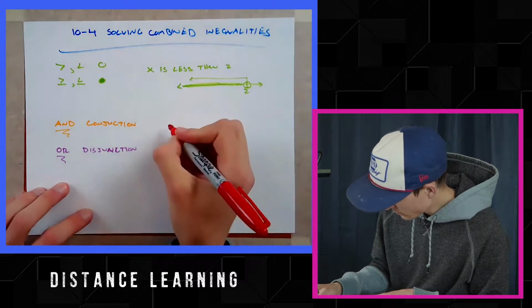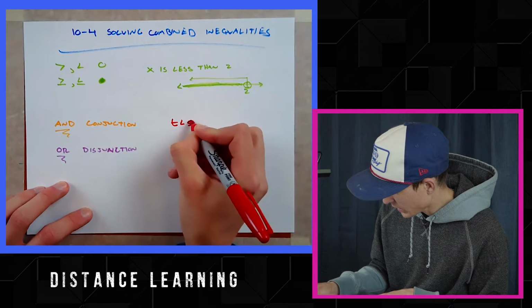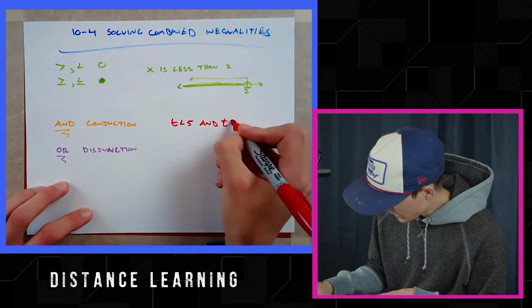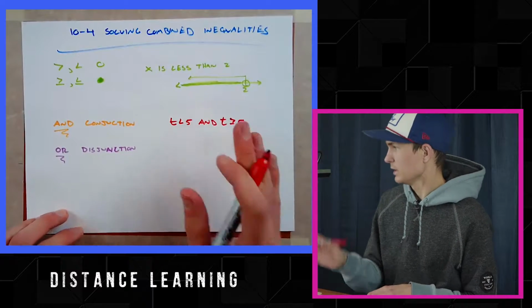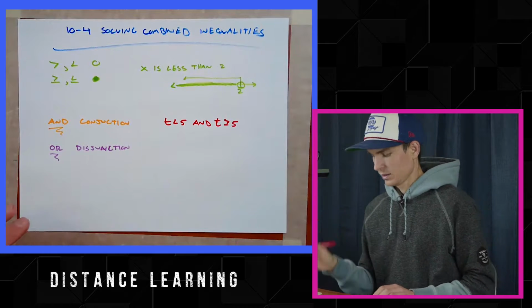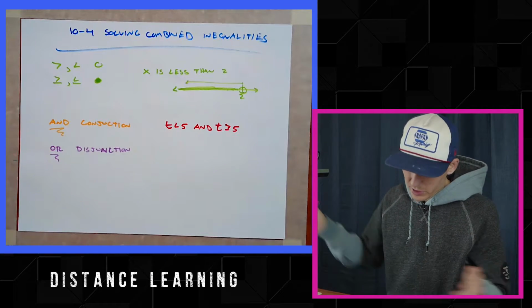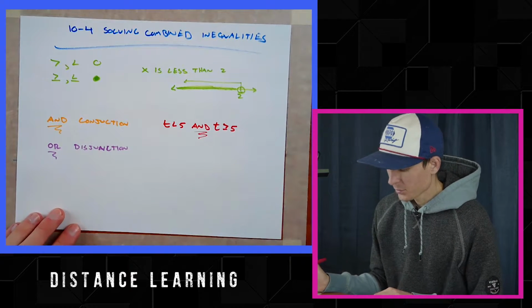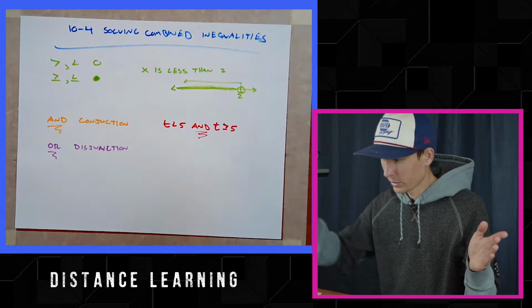So, if I said t is less than 5 and t is greater than or equal to 5, you could have less than 5 and then 5 or bigger. However, there's not a number that is less than 5 and also greater than or equal to 5.